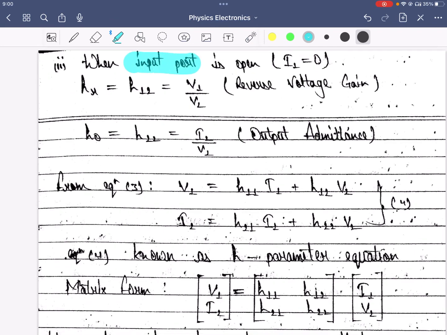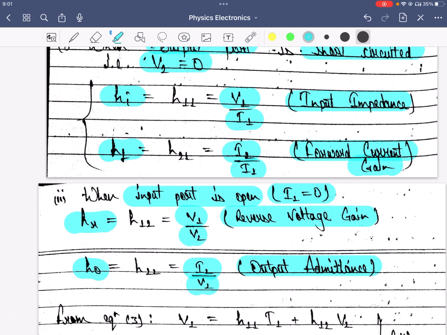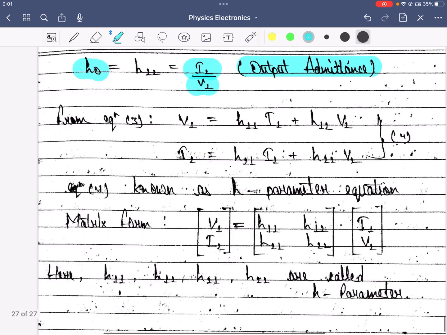When input port is open, that is I1 is equals to 0, HR is equals to V1 by V2 and is known as the reverse voltage gain and H0 is equals to I2 by V2 and is known as the output admittance.